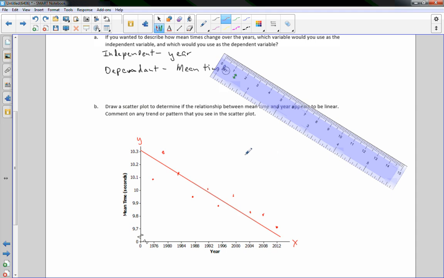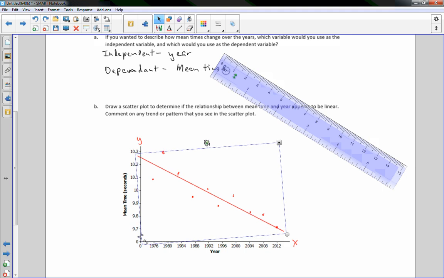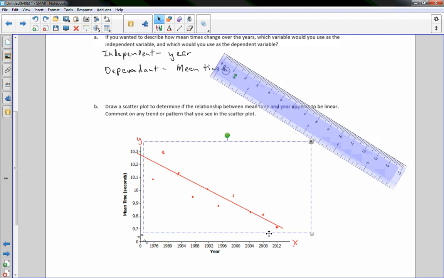It looks okay, but I might want to rotate it a little because some of my data is off. There, that looks pretty good. A lot of the points are right on the line, and a few points are off the line, 3 below, 3 above. So that's a pretty good line of best fit.